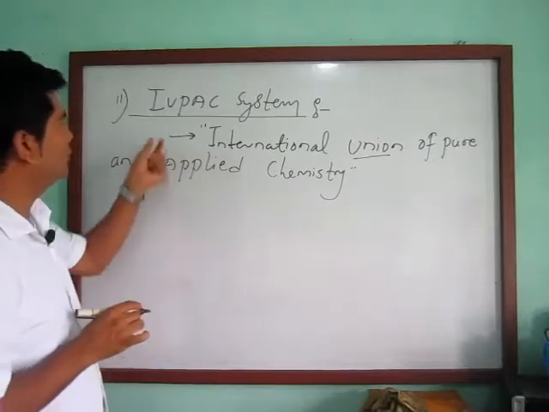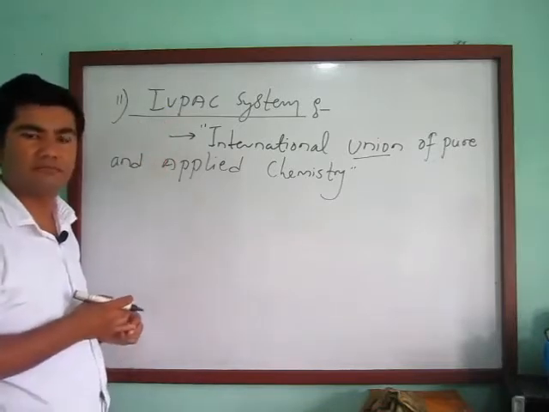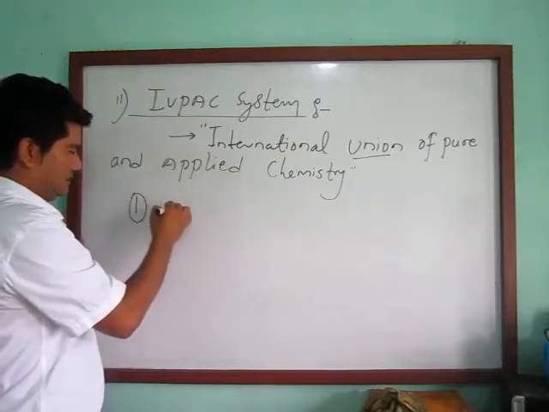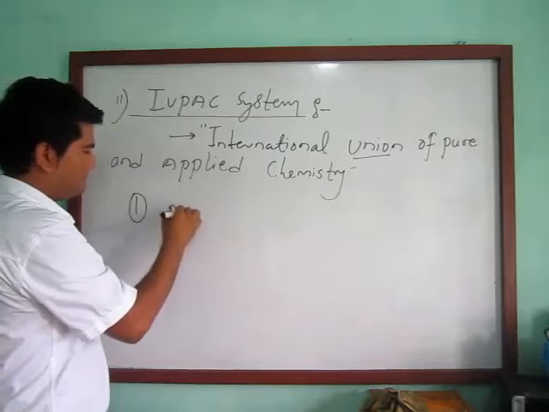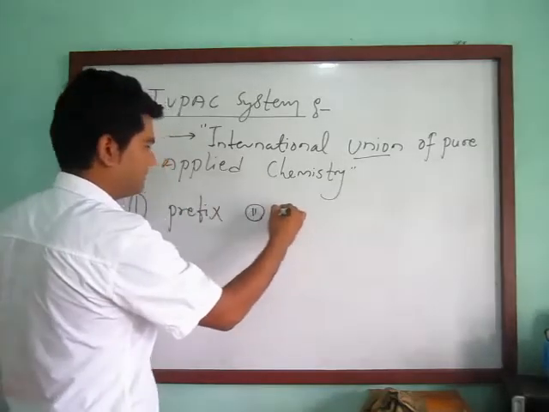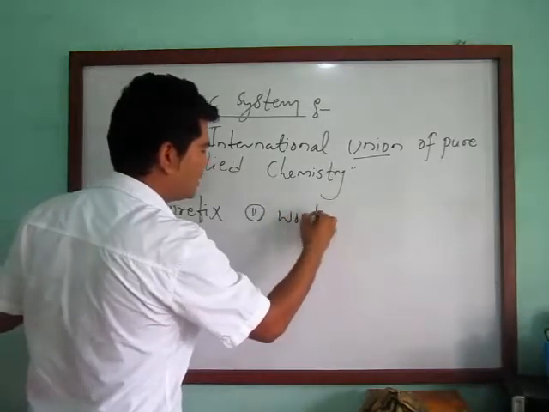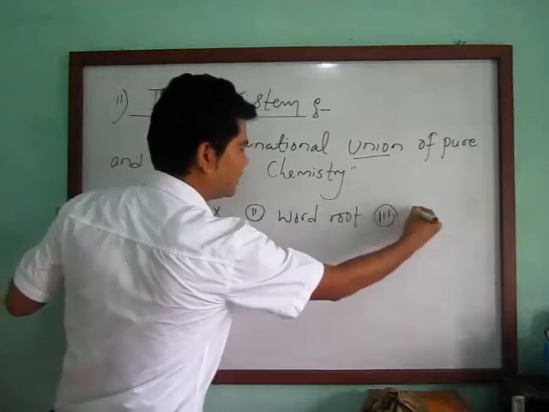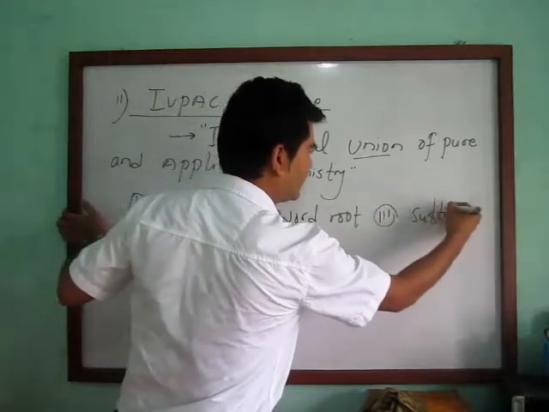To know the IUPAC system, we should know three terms. They are prefix, word root, and third, suffix.